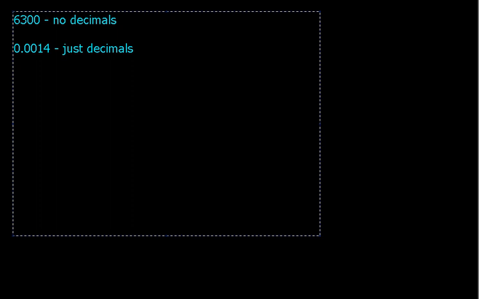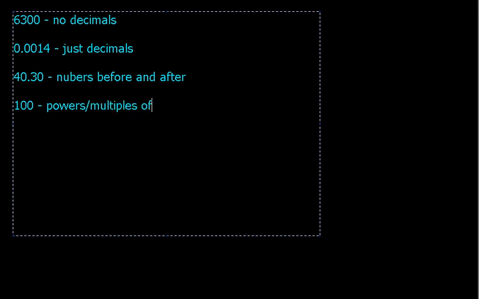Next, an example could be 40.30, which has numbers both before and after the decimal. Then one other problem case that gives people some trouble is, say, 100: powers and multiples of 10, mainly powers of 10.